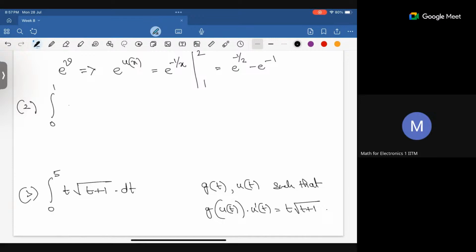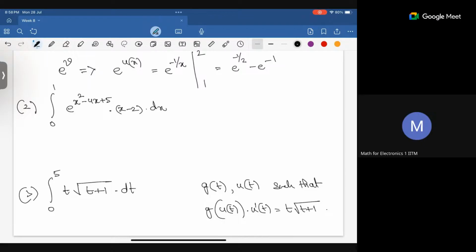So let's say we have something like 2x minus 1 whole square into e power x square minus 3x plus 2 into 2x minus 5 into x minus 2 dx.